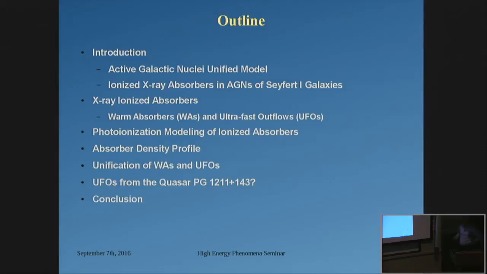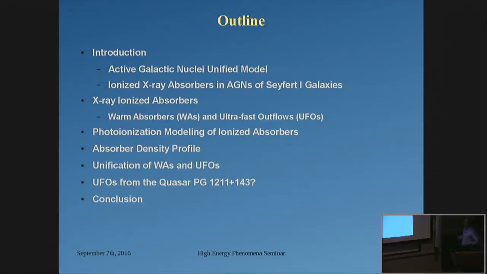Here is the outline of my talk. I will talk a bit about the classification of AGN based on the unified model, and about what an ionized X-ray absorber in AGN is. I will talk about two different types of ionized absorber in AGN: one of them is the warm absorber, and the other is the ultra-fast outflow.